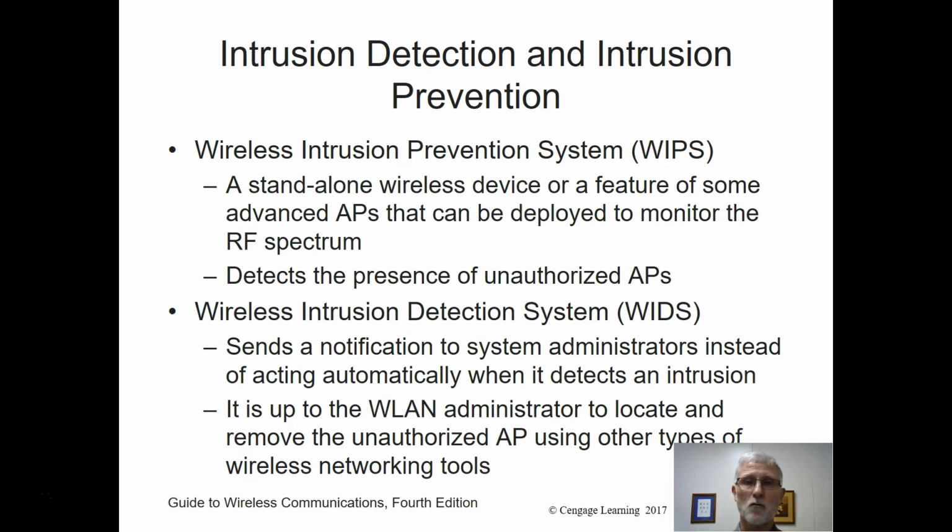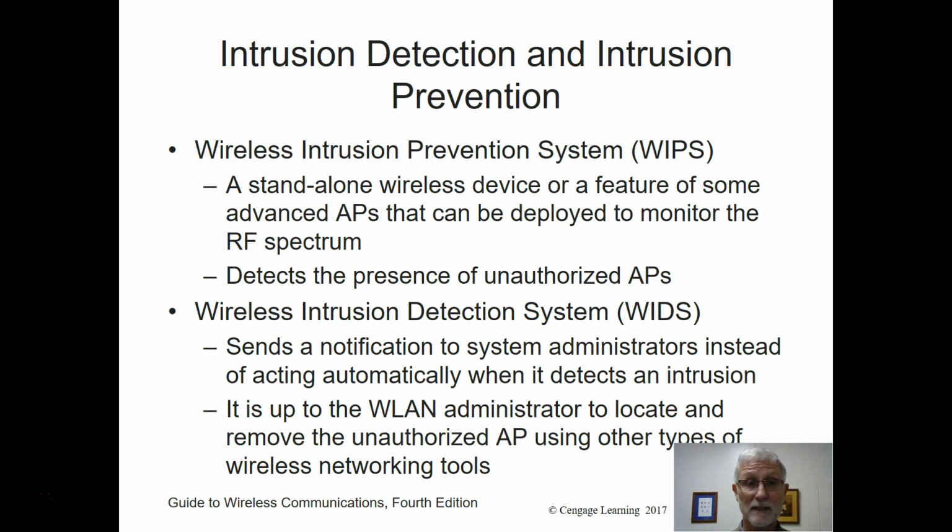Now, there are two other ways you can do this. I can detect intrusion, or I can prevent intrusion. If I'm preventing it, it's usually a standalone wireless device or a feature in some of the more advanced APs that's just monitoring the RF spectrum, and it detects if somebody's unauthorized.